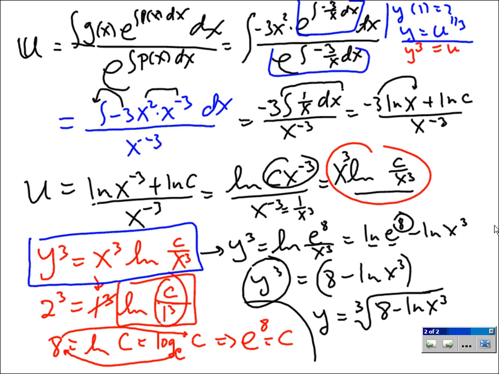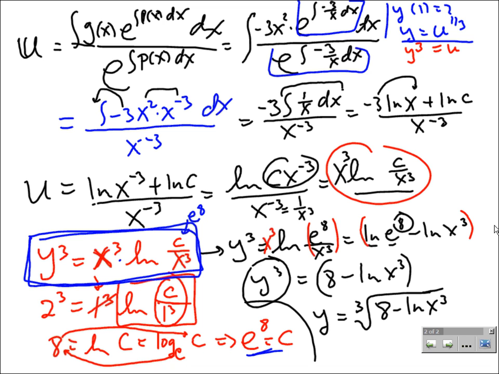Okay, of course, there's a little error here. It said very clearly that y cubed was x cubed times ln of c over x cubed. And we learned that c was e to the 8th. But I just failed to write down y cubed equals x cubed times ln of e to the 8 over x cubed.